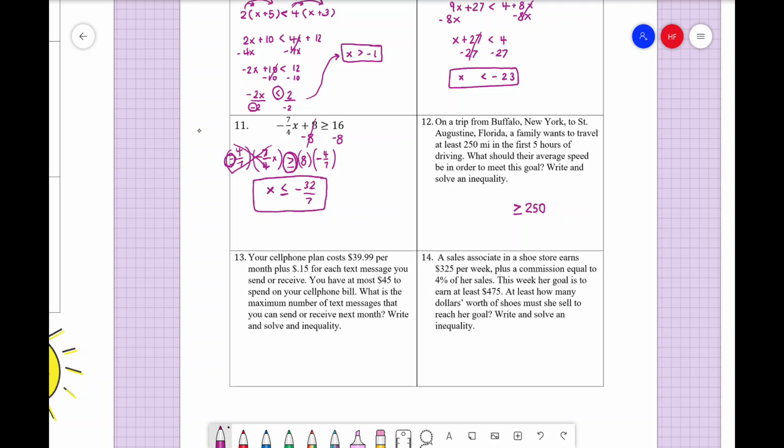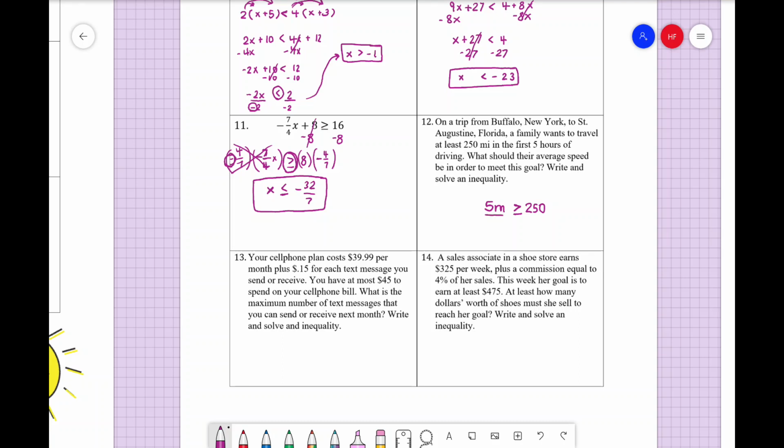So now on this left side, I have first 5 hours of driving, and then I need my speed. So for 5 hours, how fast, just a random variable there, how fast do I need to go? So 5m, 5 times my speed, is going to be greater than or equal to 250.